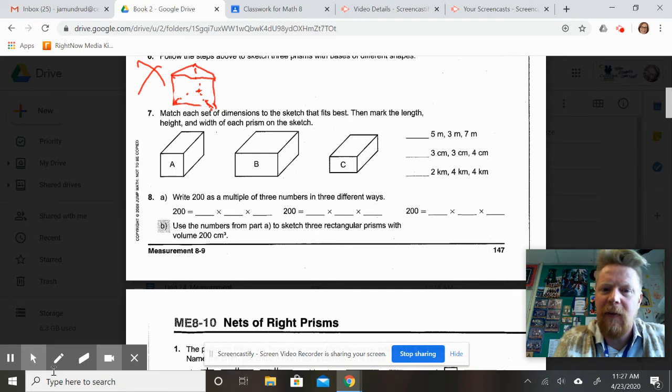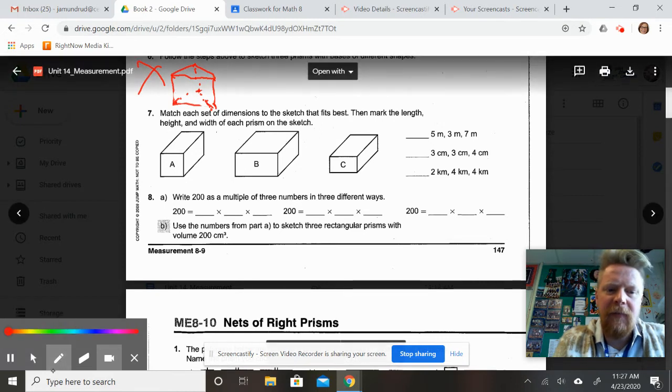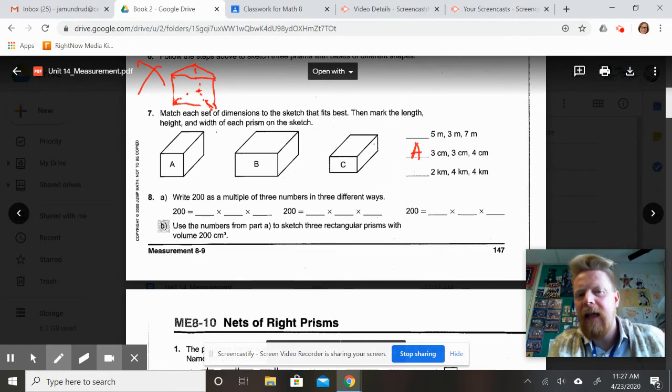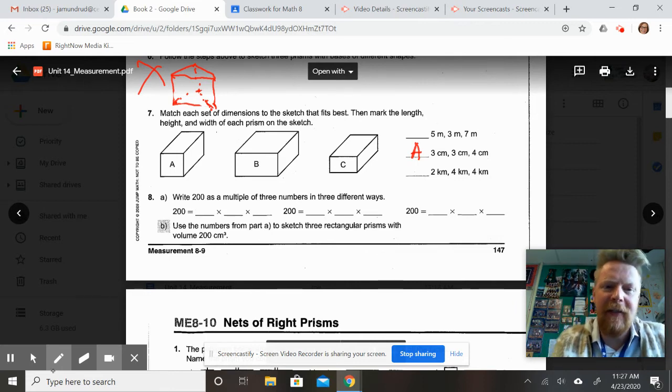Well, actually, 2 of them have at least one dimension that is squared. But the one that looks like it's probably the best fit is going to be this one here, right? It's 3 by 3. So that one there has got to be A. If that one's A, can you figure out which one would be B and which one would be C? Go ahead and give it a try, and then unpause the video.